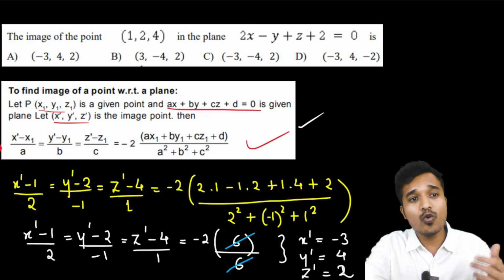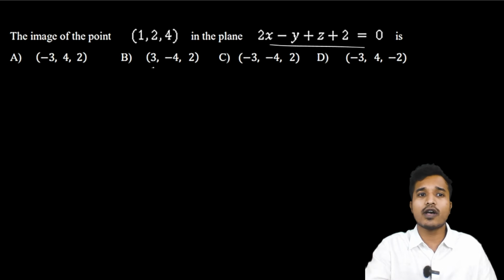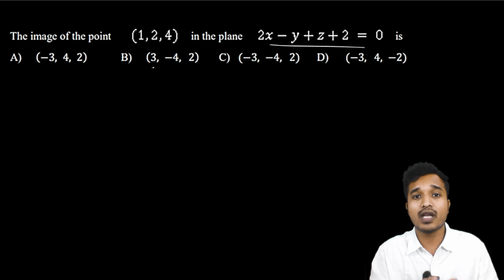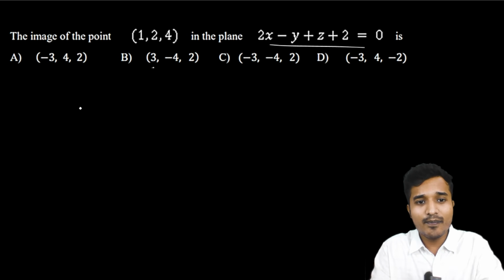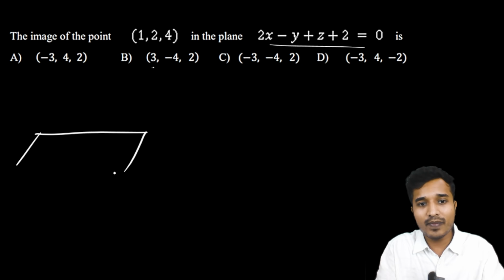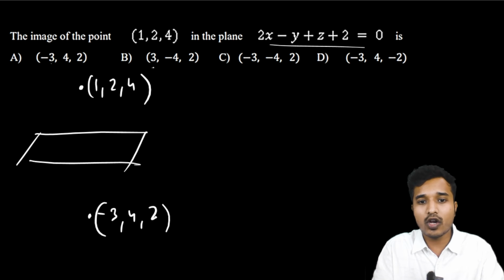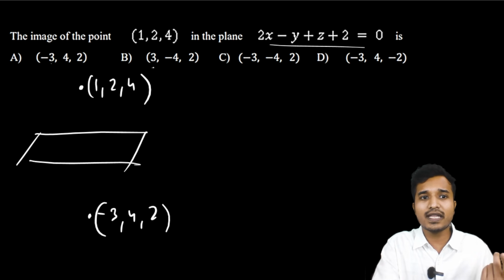Instead of that, you can use a much shorter way, and even if you don't know the formula, you can solve this problem. How? For that, simply understand the concept of what actually is happening. Here one plane is there, we need to find the image of this point, which is 1, 2, 4. So let's say the image is minus 3, 4, 2, because out of the options, one will be the right answer.